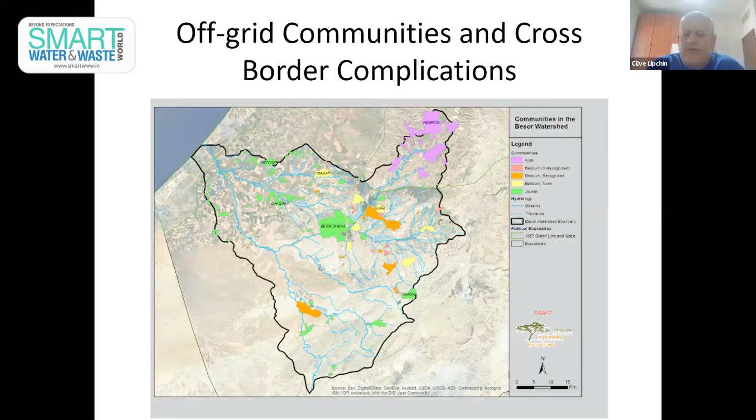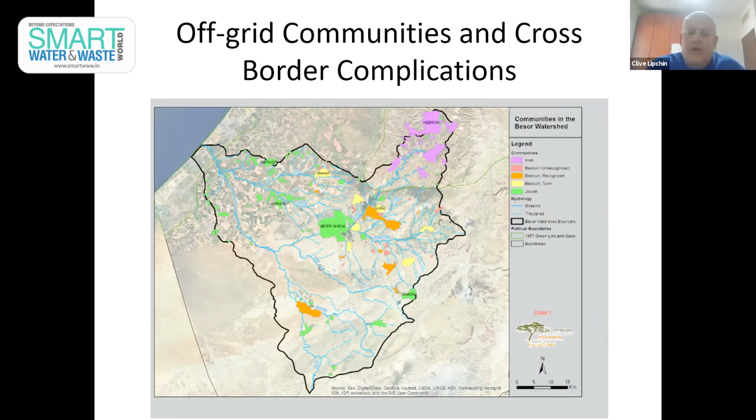We're looking at a roughly 500,000 population, but everything that you see in purple are communities that are off the grid. In other words, there is no sewer network in these communities. And so what is happening is that the sewage is either being discharged directly into the environment in open sewage channels, or being indirectly discharged into the environment via porous cesspits.